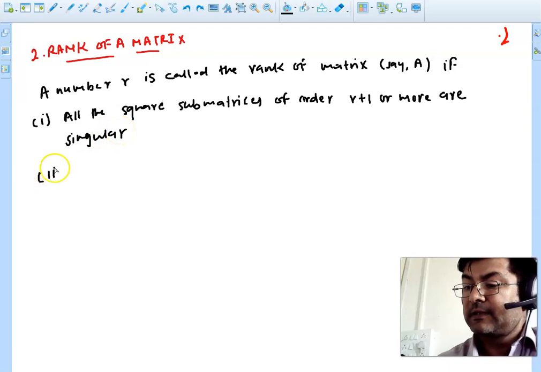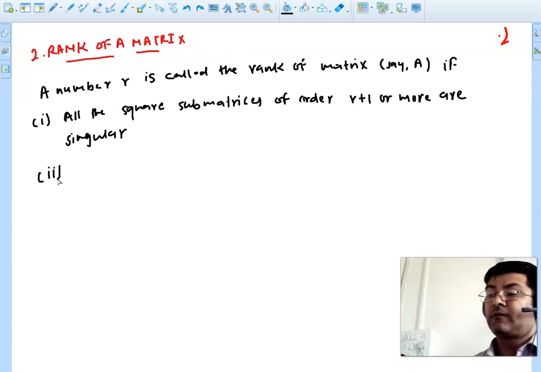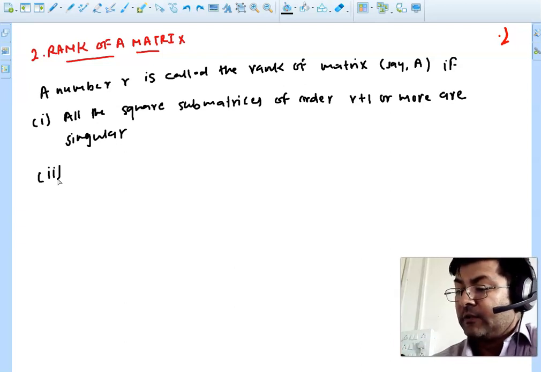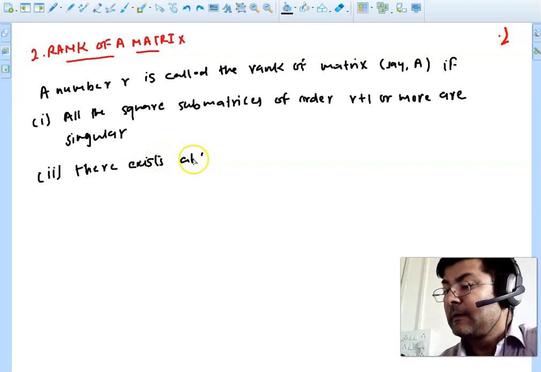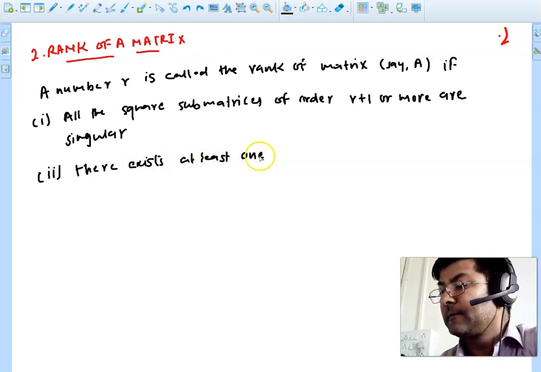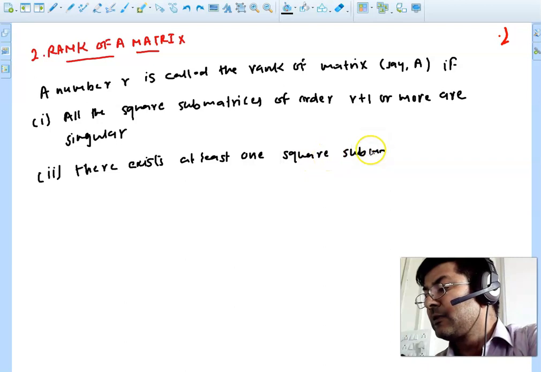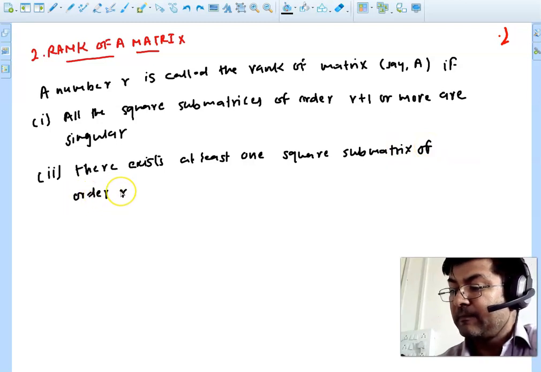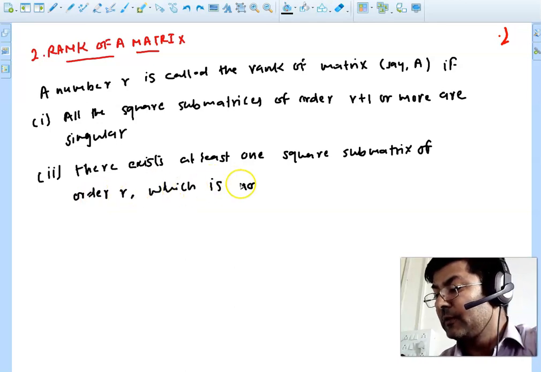Okay, and the second condition states that there exists, now by singular what do we mean? A singular matrix is a matrix whose determinant is 0. Okay, so the second condition: there exists at least one square submatrix of order r which is non-singular.